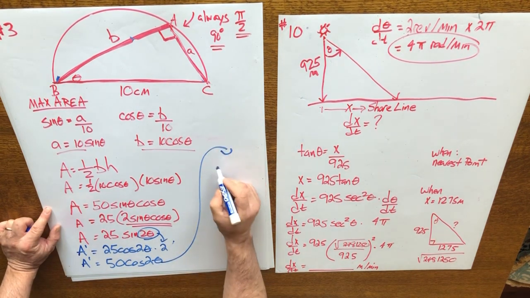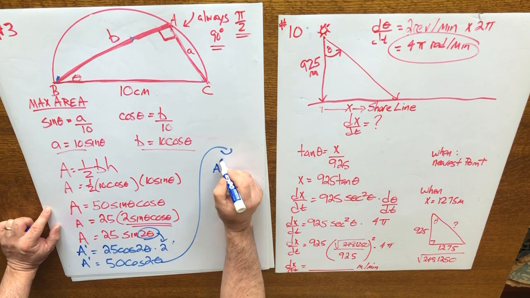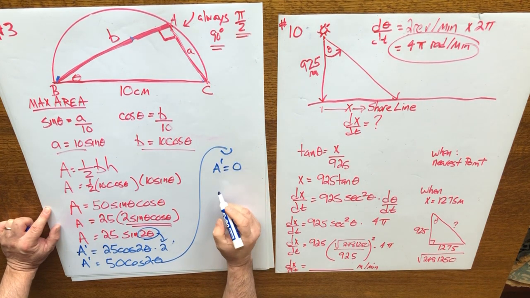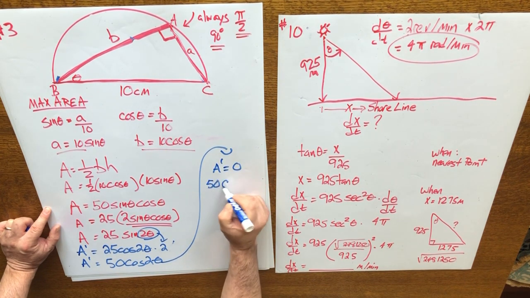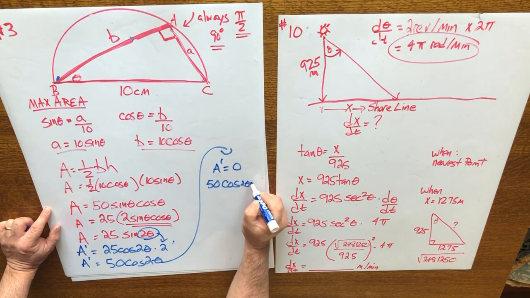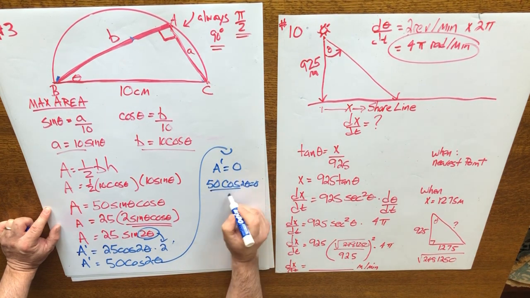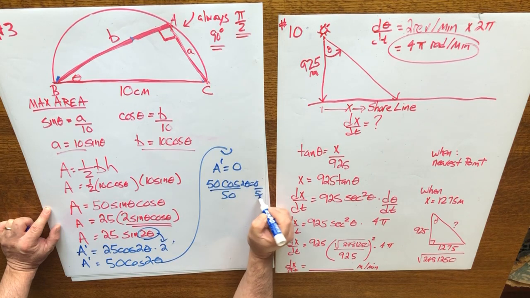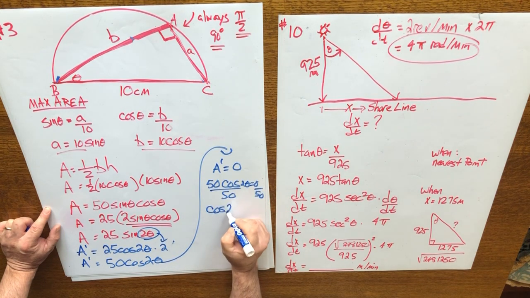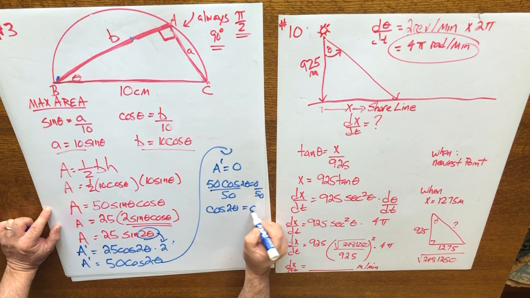Well, what's the strategy then? You want A prime to equal 0. When does 50 cos 2 theta equal 0? So dividing both sides by 50, you've got cos 2 theta is equal to 0.